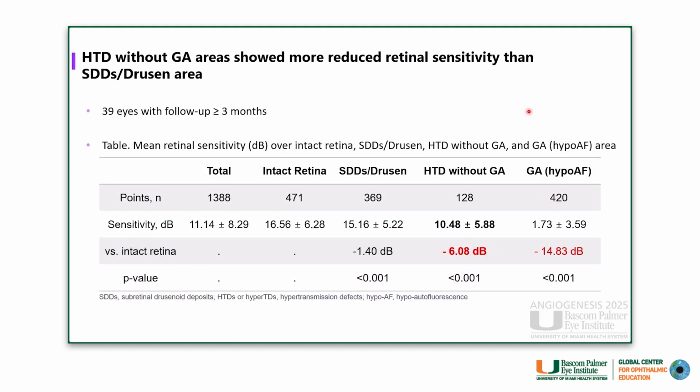And then we compared the retinal sensitivity across different lesion types using the registered microperimetry points.